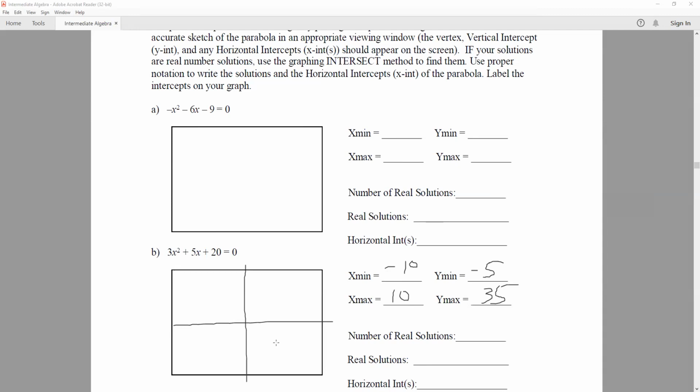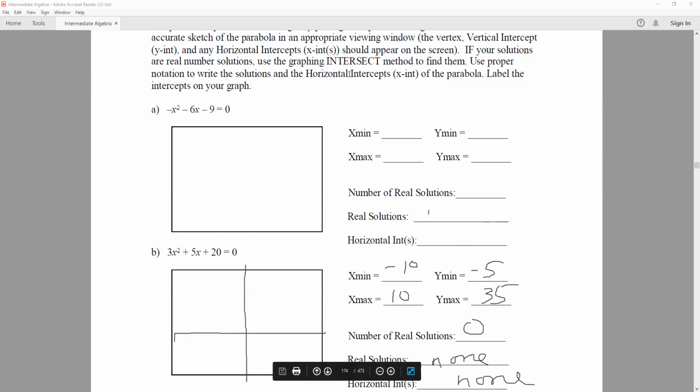So the number of solutions is 0, right? It's 0. And then what about the real solutions? It's none. And then the horizontal intercept for that, it's none. And that's it. So none, none, and that's it. Okay? All right.